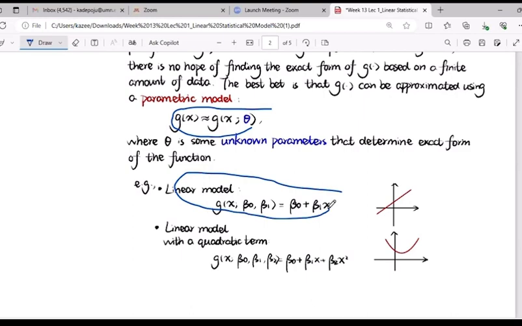And if it is quadratic, how am I going to know? If I want to have a sense of the relationship, the very first thing I'm going to do is generate a scatter plot. When I plot my data and I see a straight line shape, then I'm going to specify a linear regression model.